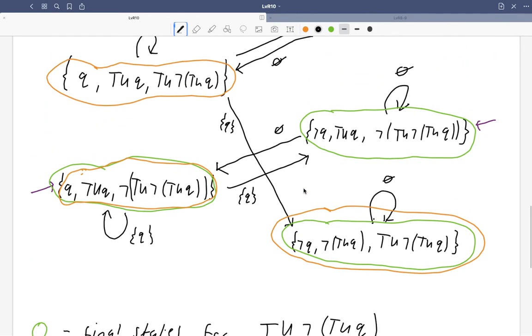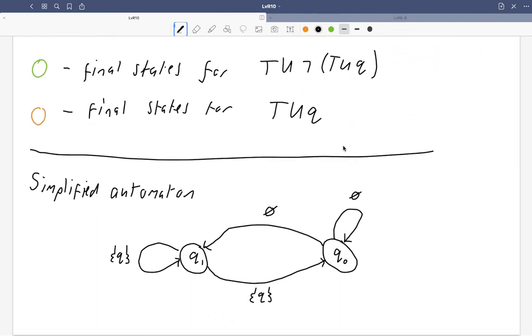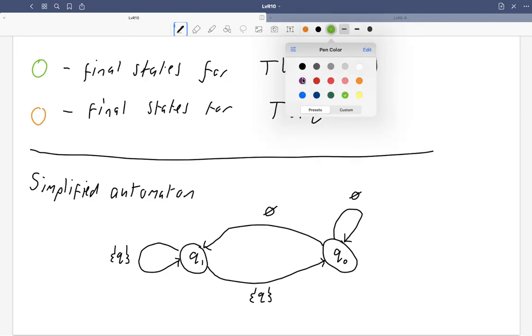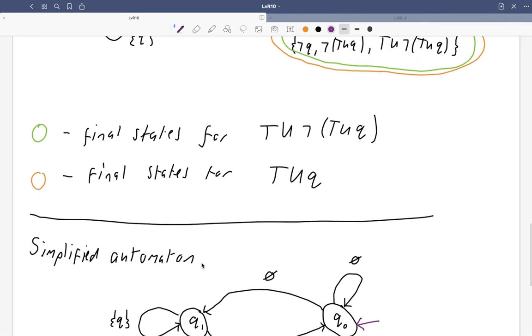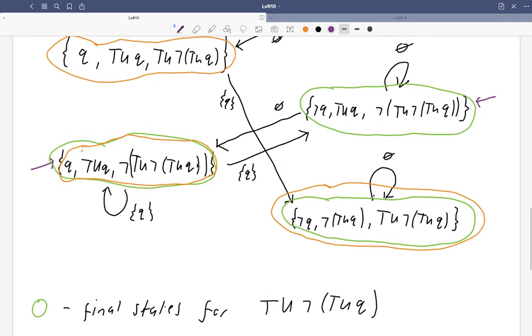The initial states, both states are initial. Let's keep that purple. And there's no point having the green acceptance condition, so we're only interested in the orange one, and that's the state Q1.